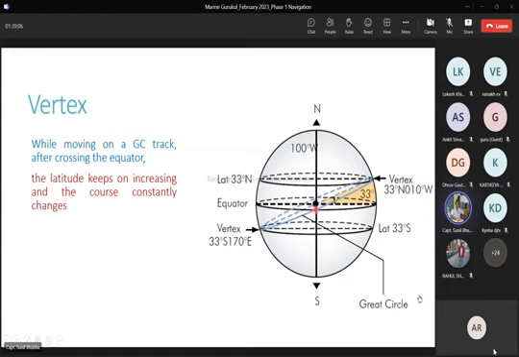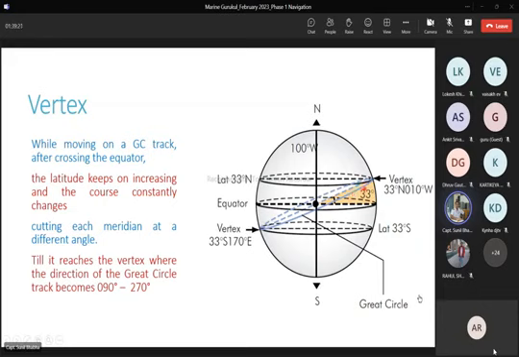After crossing the equator, the latitude keeps on increasing and the course of the ship keeps on continuously changing, cutting each meridian at a different angle till it reaches the vertex, which is the highest latitude point on the entire great circle. And at the vertex, the direction of the great circle track becomes 090 or 270, exactly east-west.